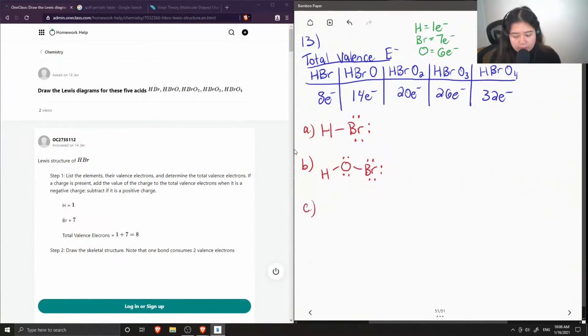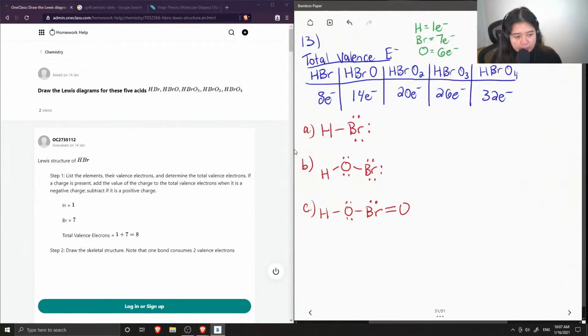So now let's see what happens if we have an additional oxygen. We would still have our single bond like so. This time another oxygen is added. Let's draw a single bond to this oxygen. And this time, a double bond can be formed with the bromine and the oxygen.